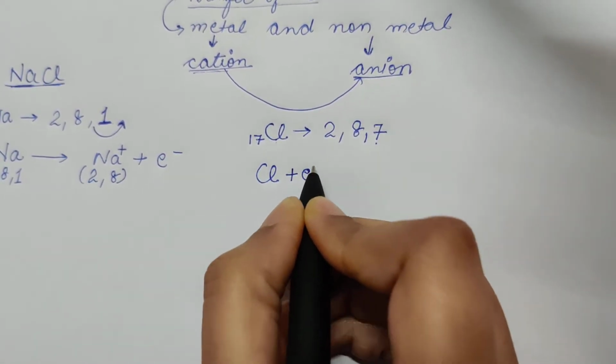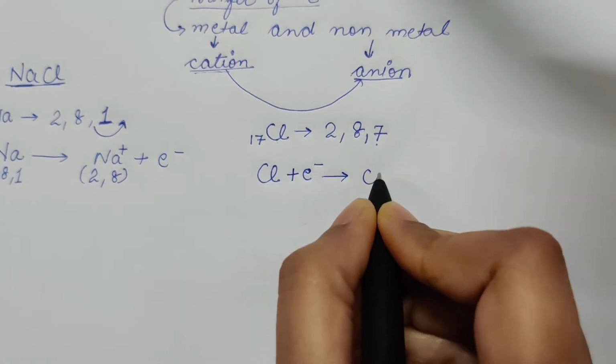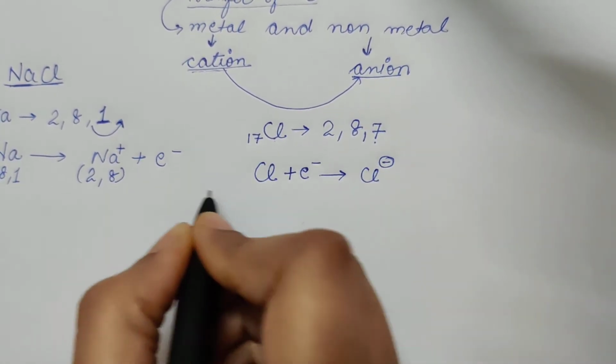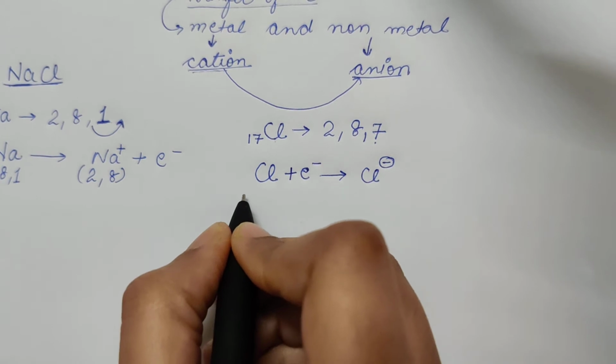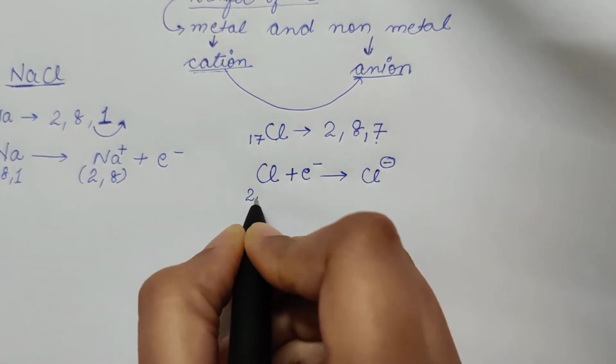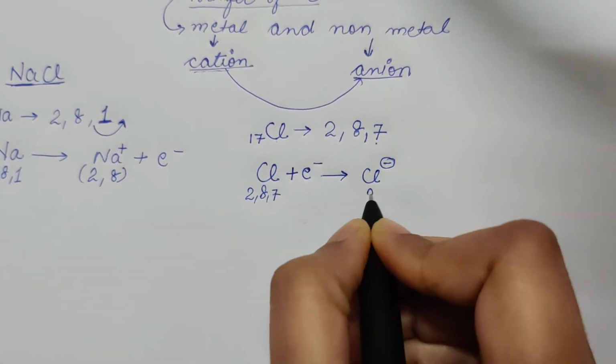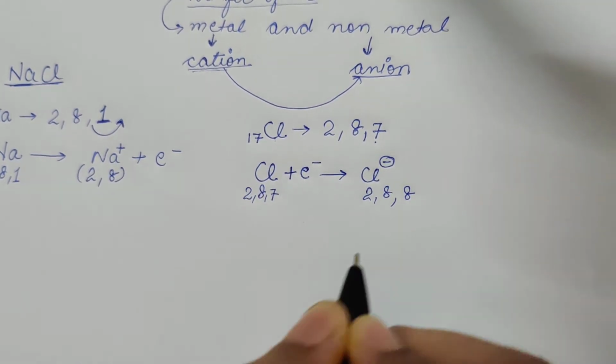Chlorine gains one electron and changes into the corresponding anion. The electronic configuration you always have to write like that, 2 8 7 and 2 8 8.